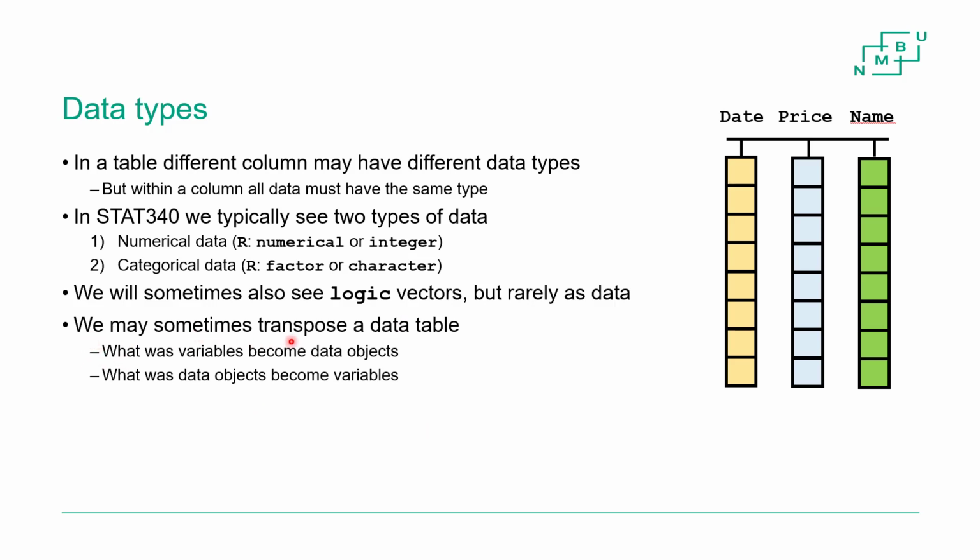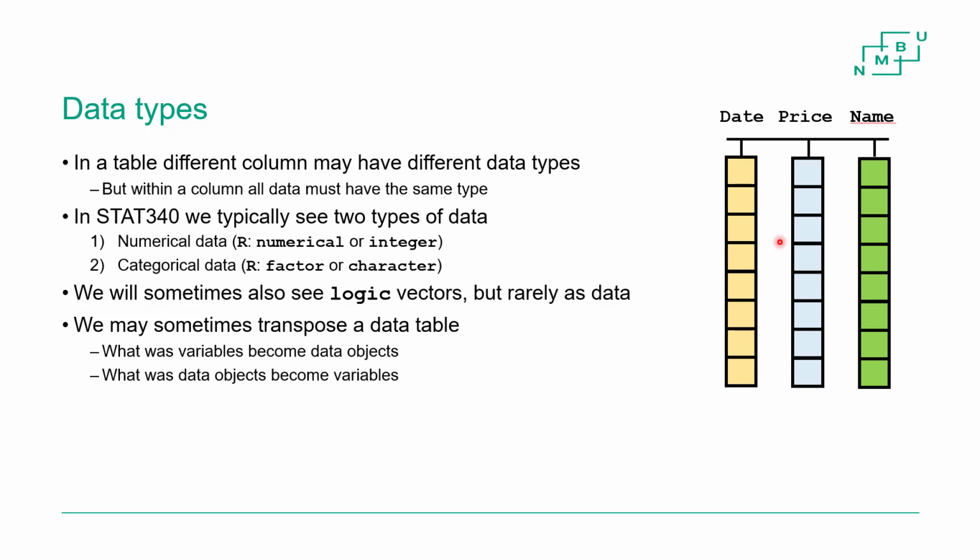We may sometimes transpose a data table, and what do we mean by that? It means that we just grab the table at this corner and flip it around, so that what used to be the first column becomes the first row, and what used to be the last column becomes the last row. So what used to be columns become rows instead.